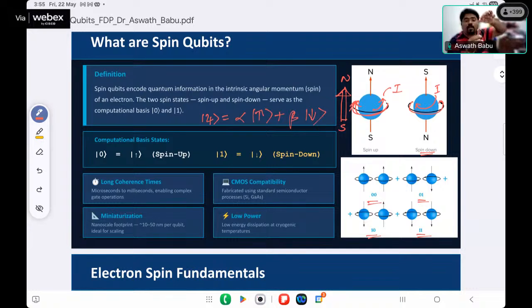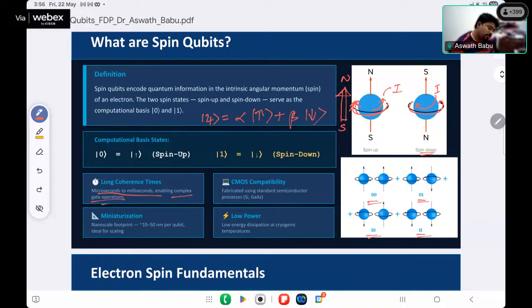But a pendulum stops after some time because of the damping of oscillations. In the case of spin qubits, it's a very long coherence time, from microseconds to milliseconds, which allows us to have complex gate operations on them.